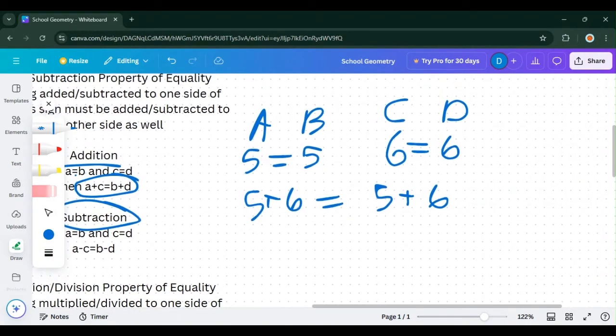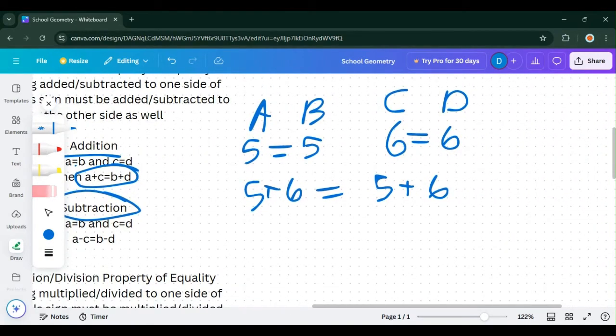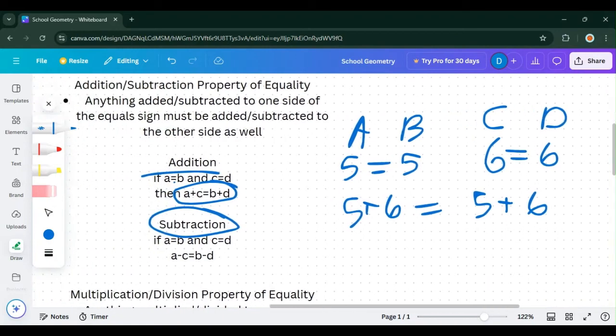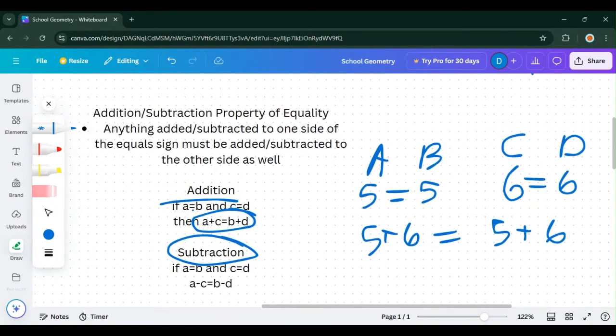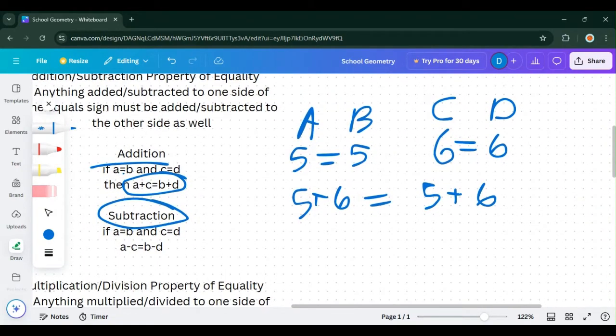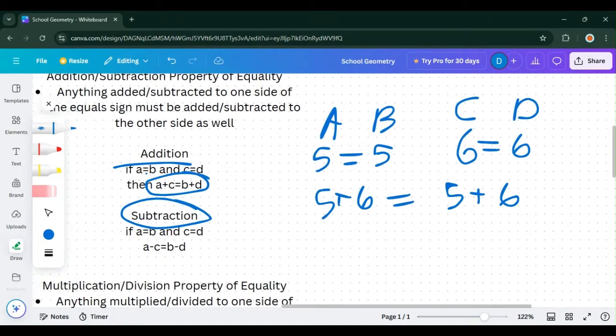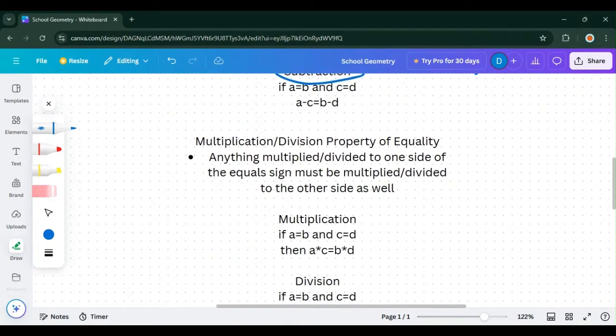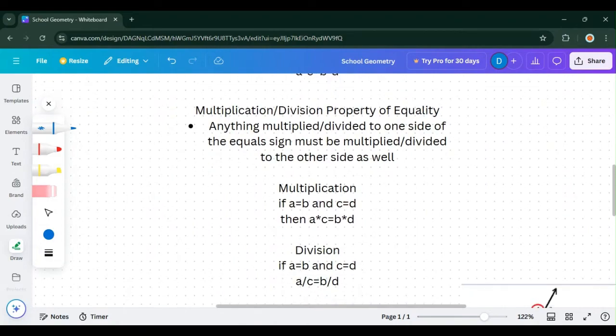And usually when you use this, you calculate the degree measure of angles. So the addition and subtraction property of equality will be used the majority of the time just to calculate angles.